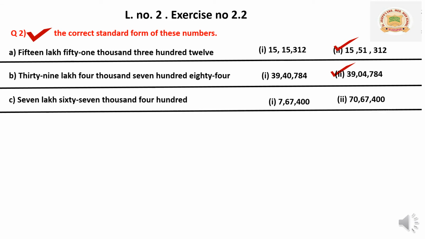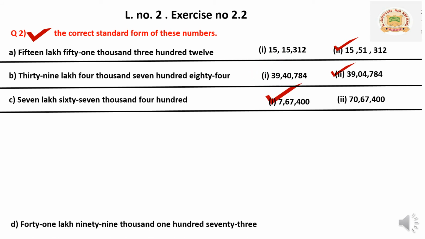Now read the first option, 7,67,400. This is the correct answer. Let us also read option number 2. 70 lakh. So it is a wrong answer. Why? The question is 7 lakh. So option number 1 is correct. So put the tick mark for option number 1. Now let us take the D question.